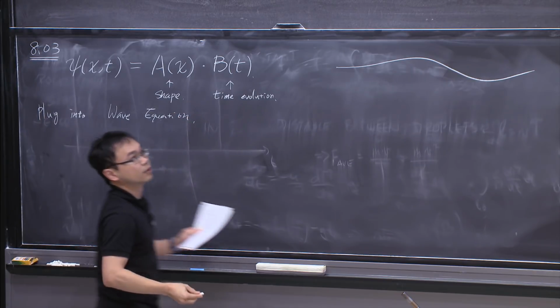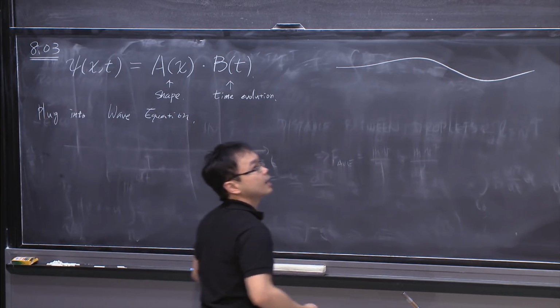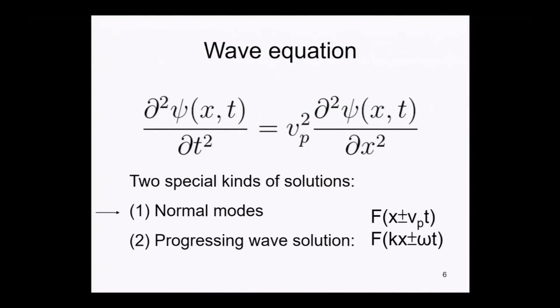If we plug this into the wave equation, on the left-hand side we have a partial derivative with respect to time. Therefore we get A(x) times the second partial derivative of B(t) with respect to t squared.